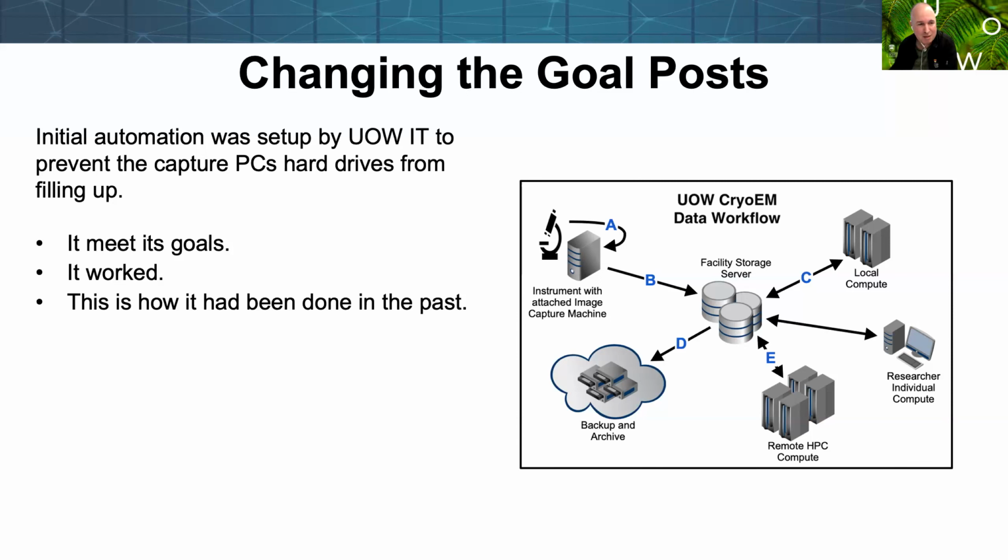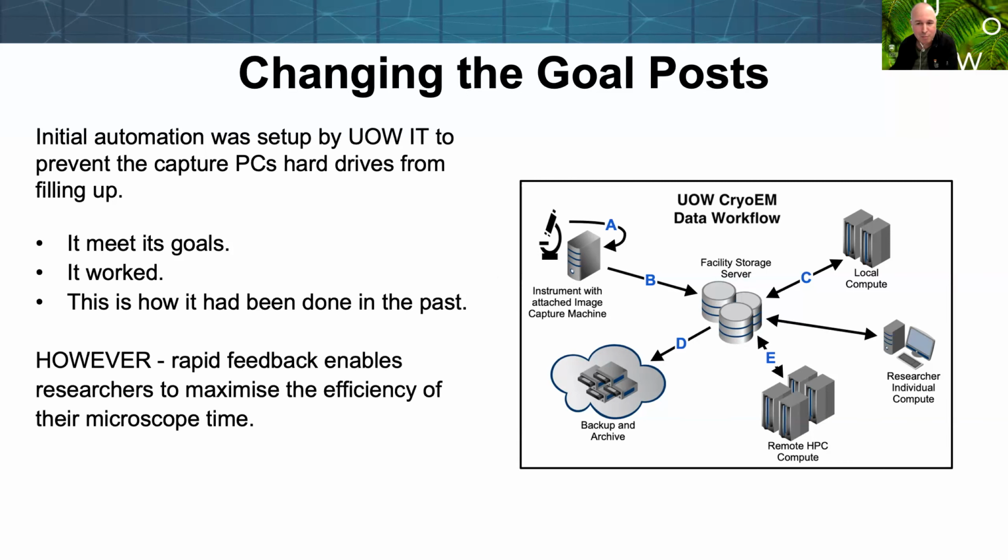What it was designed to do was basically to stop the hard drives in the capture PC from filling up. That was its design goal. It worked, and it was pretty much what the central IT people had done.